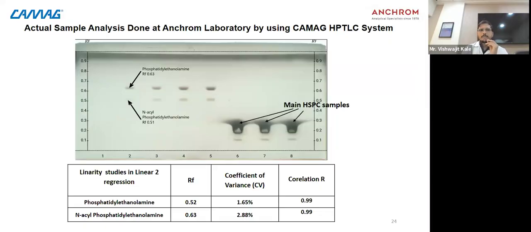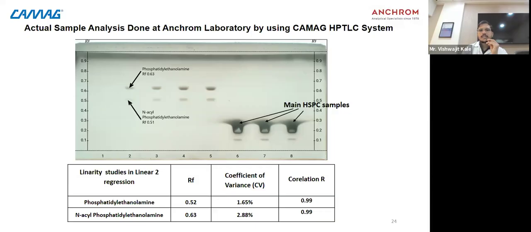This is another plate for actual sample analysis done at Enchrome laboratory by using the CAMAG HPTLC system. Here we have applied three main HSPC samples, hydrogenated soybean phosphatidylcholine samples. This is one kind of phospholipid useful in the formulation industry for tablet coating, and in that we have not detected phosphatidyl ethanolamine and N-acyl phosphatidyl ethanolamine.